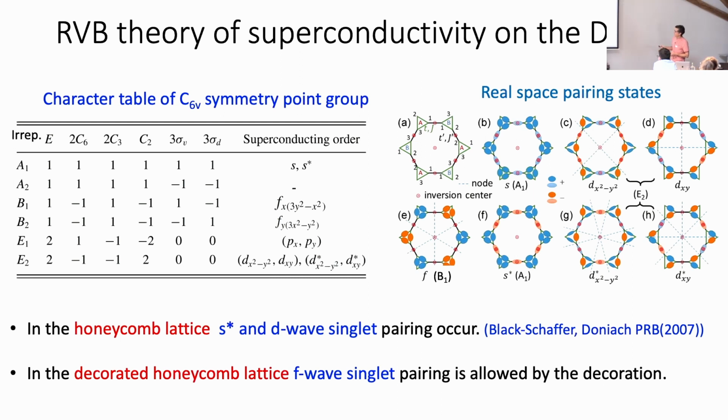So the pattern could be any combination of these two in some way, right? The main new thing on this lattice compared to the honeycomb lattice is that, due to this decoration, we can have other possible unconventional states like this F-wave singlet, which is allowed by this unit cell, which is much larger than the one you would have in the honeycomb lattice.